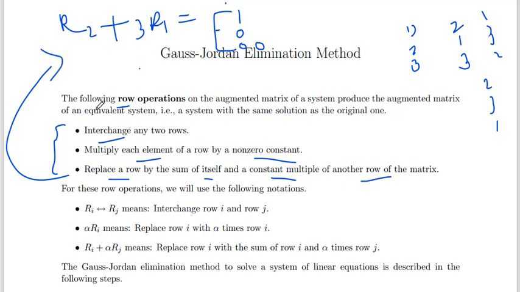These are the three types of row operations. We already did these in Gaussian elimination, but in Gauss-Jordan elimination we transform the matrix into reduced row echelon form.